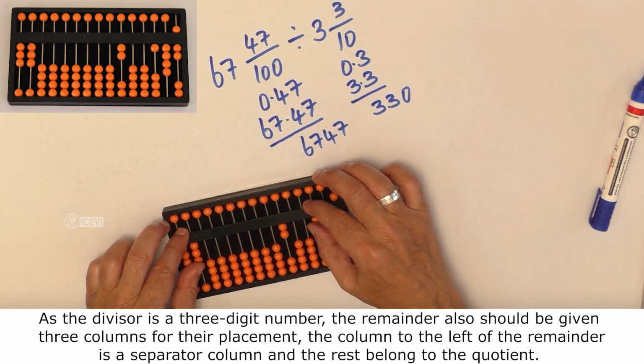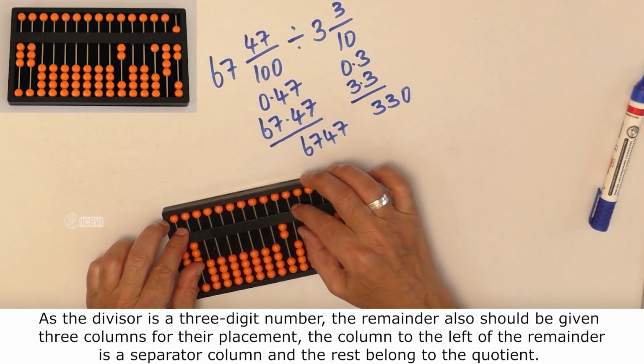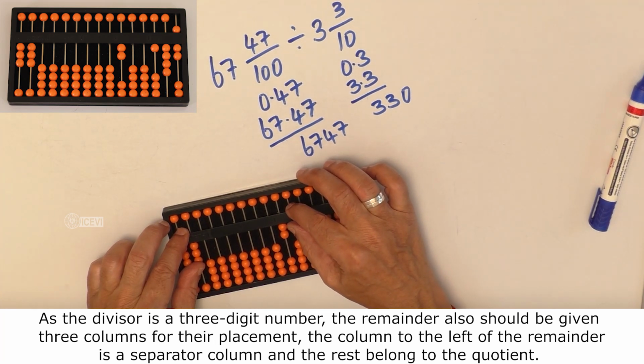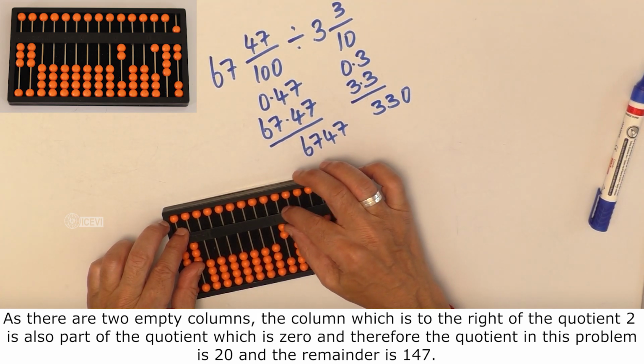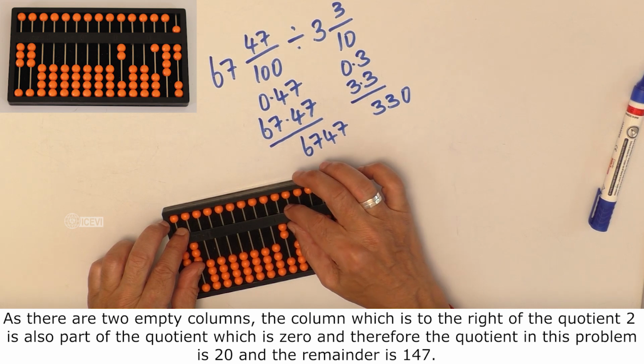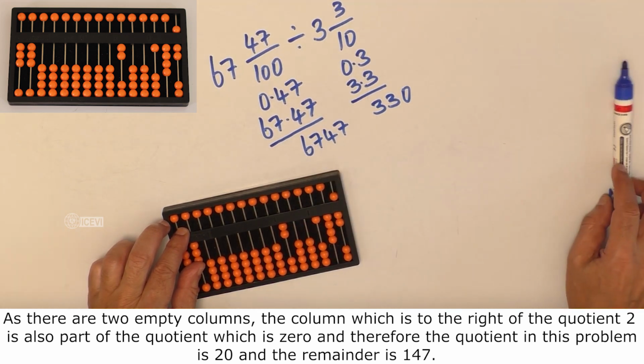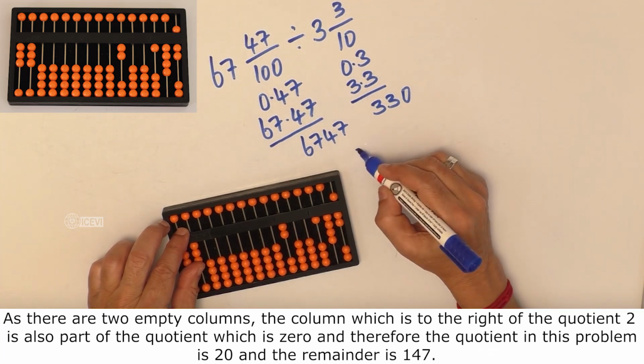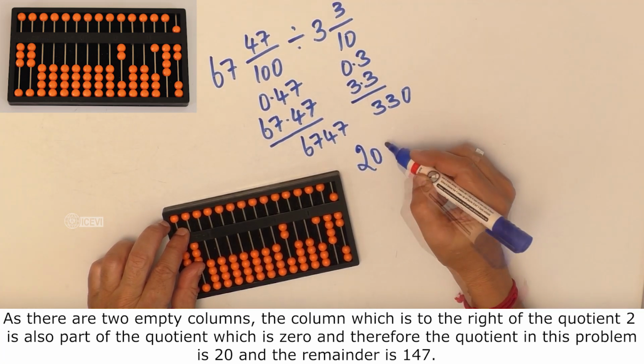The column to the left of the remainder is a separator column and the rest belongs to the quotient. As there are 2 empty columns, the column which is to the right of the quotient 2 is also part of the quotient, which is 0, and therefore the quotient in this problem is 20 and the remainder is 147.